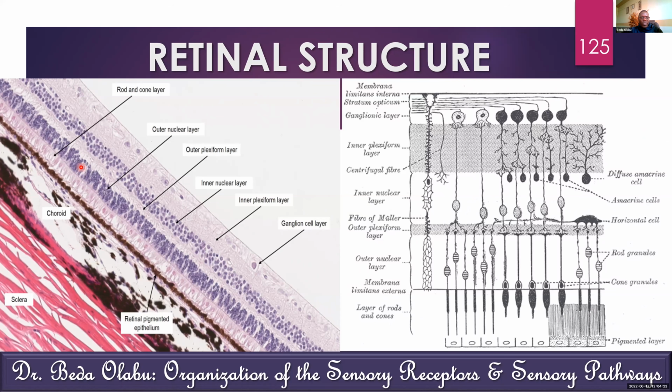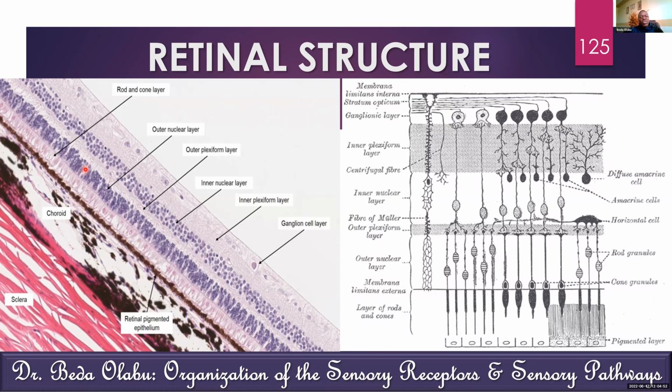Layer 4 is called the outer nuclear layer, or the external nuclear layer. The outer nuclear layer contains the cell bodies of rods and cones. That's layer 4. We've skipped layer 3. We'll come back to it later. So photoreceptors have their cell bodies here. Their processes detect light on this end.